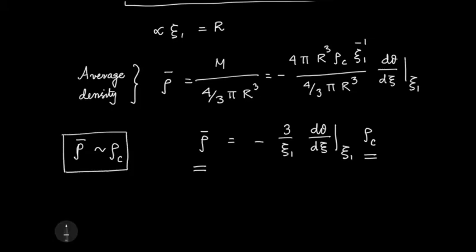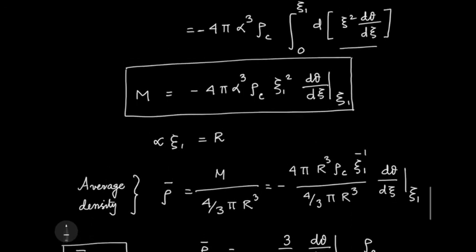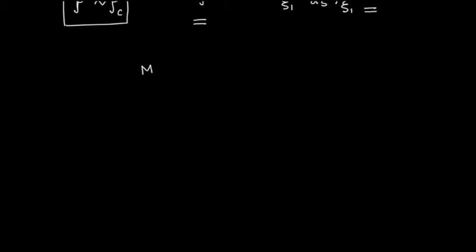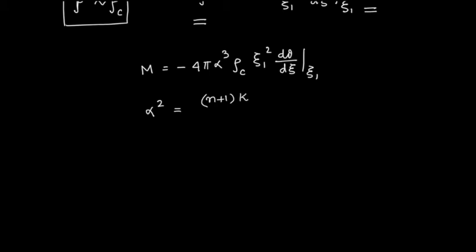Okay, now we have written down here the mass in terms of alpha cube. So I have m, as we have written, as 4 pi alpha cube rho c xi 1 square d theta d xi at xi 1. And remember, alpha square was given by n plus 1 into k, and this depends on n.